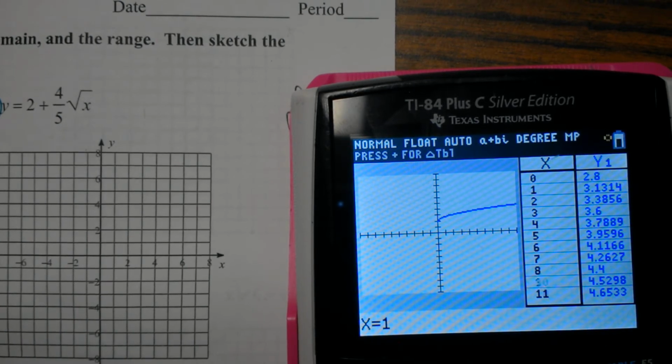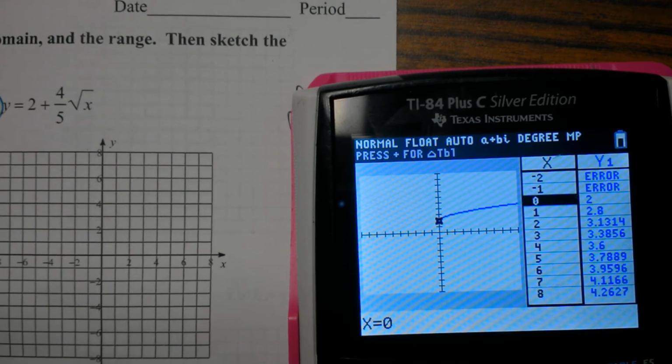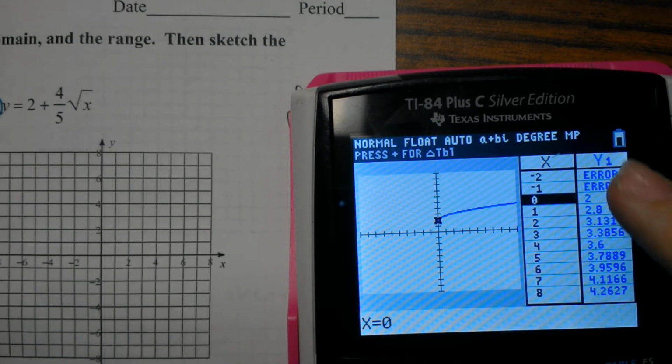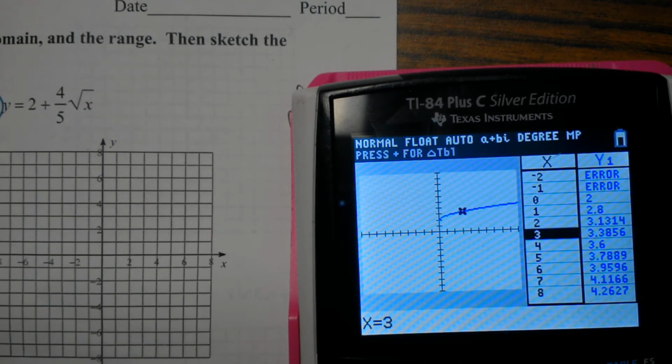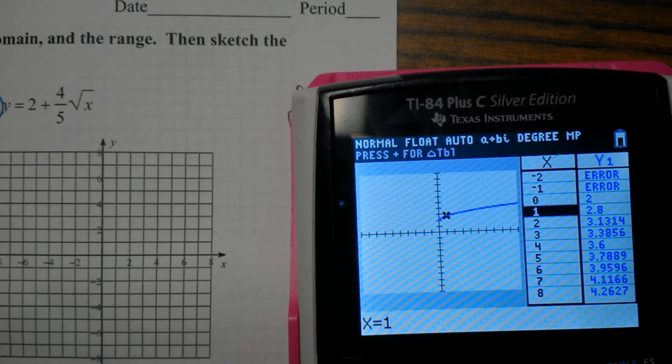I'm going to go up in the table to find those errors. There it is. So my first point happens to be at 0, 2. And then I don't really see a whole number point after that. So I can try like 4, 3.6, and 1, 2.8.